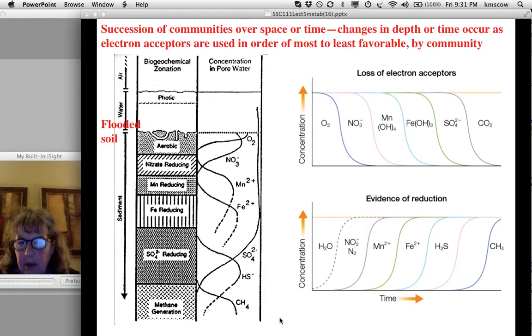Oxygen is at the bottom, then nitrate and iron and manganese, then sulfate, and then CO2. Because for the same electron donor, you're going to get more energy if you use an electron acceptor that's going to be associated with a bigger delta E, a bigger gradient.